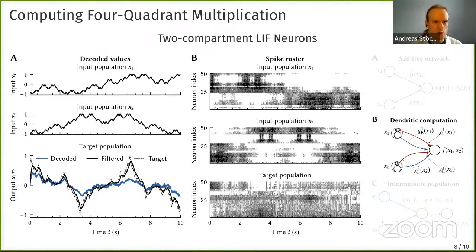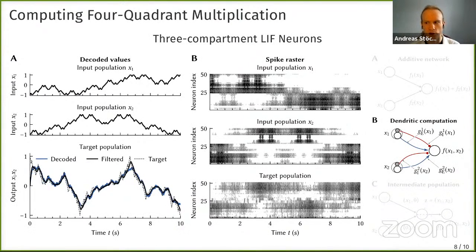As soon as we switch to two-compartment neurons, we get this kind of output, which looks a little better, but we can also show in theory that this two-compartment neuron that I depicted earlier cannot compute XOR. However, as soon as we go to three compartments, we are actually able to compute this multiplication function relatively well.